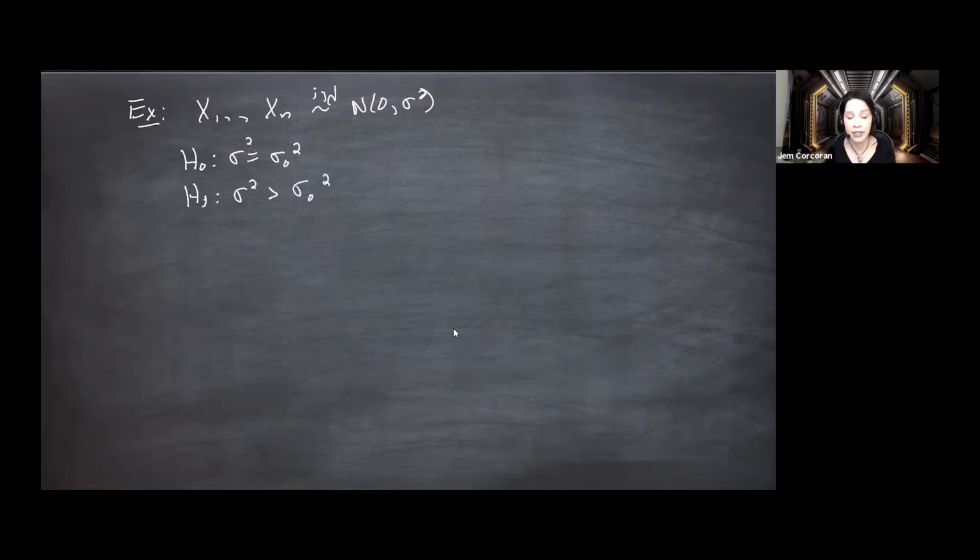As in the previous example, if you want to find the UMP test of size alpha, you would start by making the alternate hypothesis simple, and then go through the test and say this doesn't depend on the particular simple alternative I set.